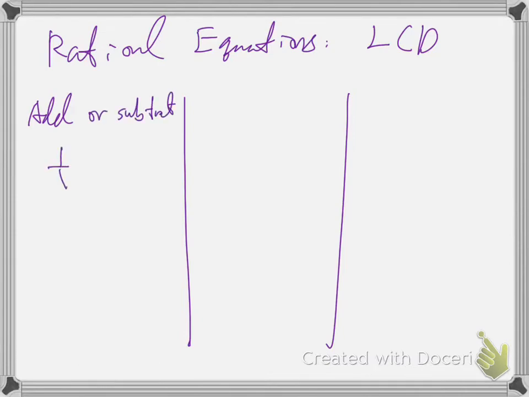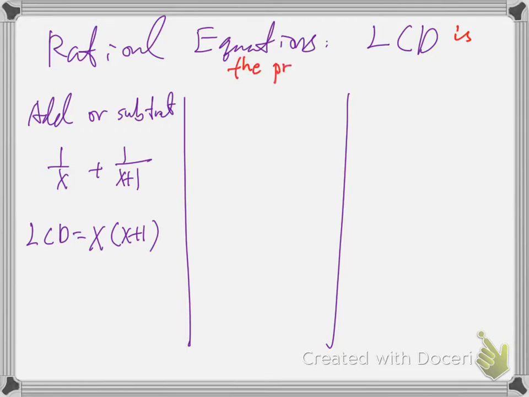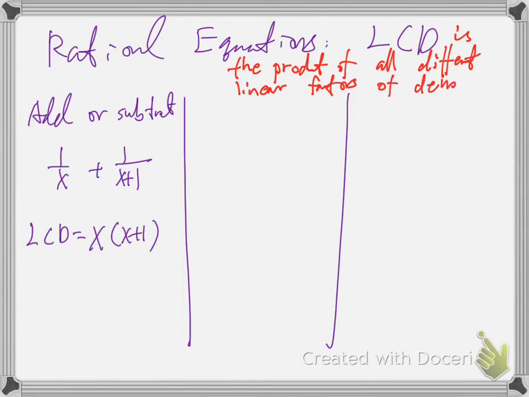So we have 1 over x plus 1 over x plus 1. The LCD is the product of all different linear factors of the denominators.